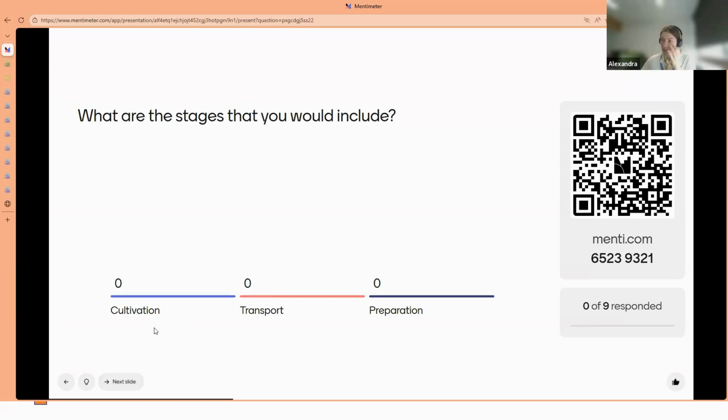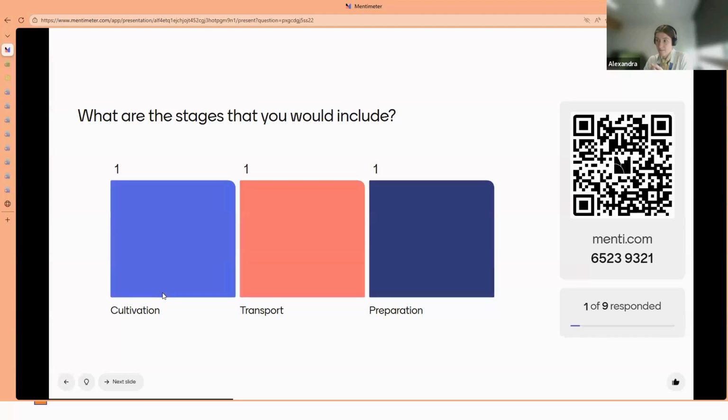And what are the stages that we consider: cultivation, transport, and preparation, or would we just be looking at one or two of these?